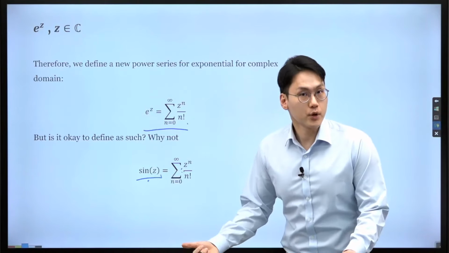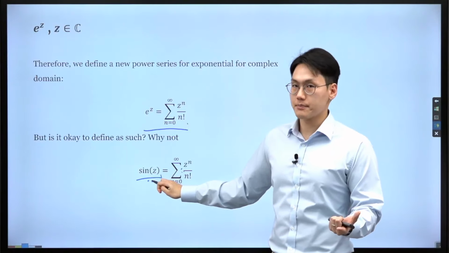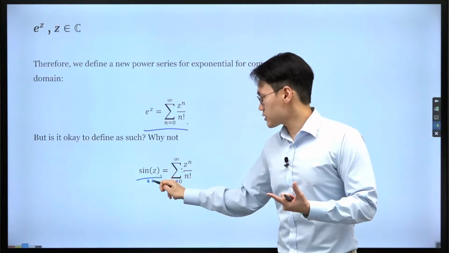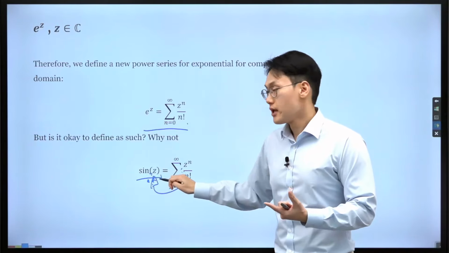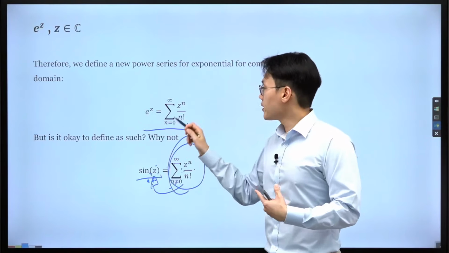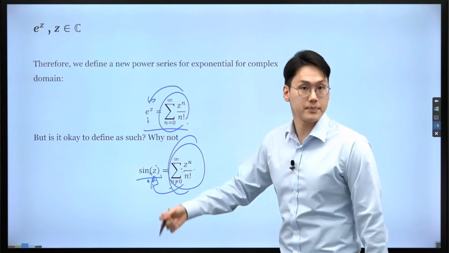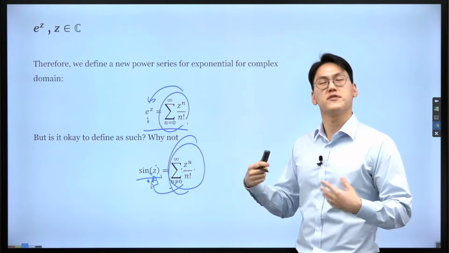You could define it, but it would be an incorrect definition, isn't it? Because in order to call this a sin z power series convergence as a limit, if I call this a complex function from this series, it needs to follow the property of a sine. But this series would not follow the property of sin z, so we cannot call it. But this power series will follow the property of the exponential function even for the complex number. Therefore, we can call it. So the definition has to match the properties of the function that you call it.